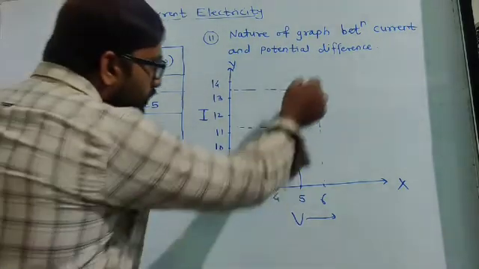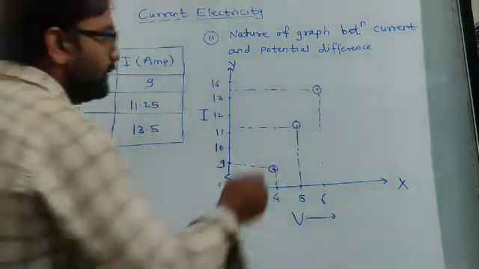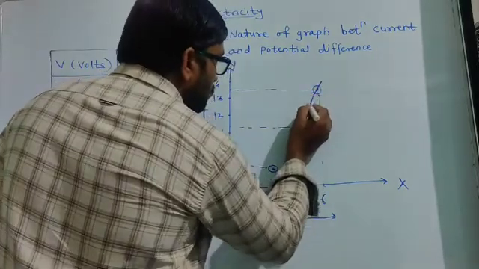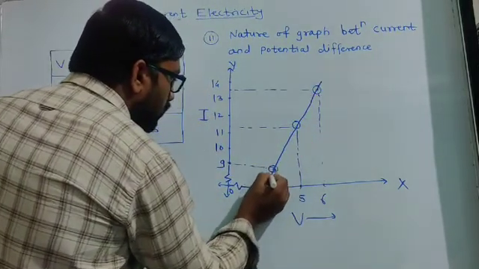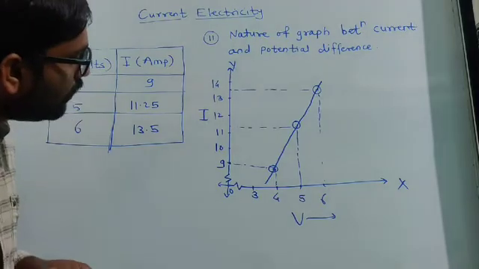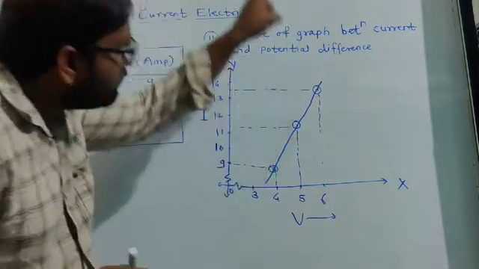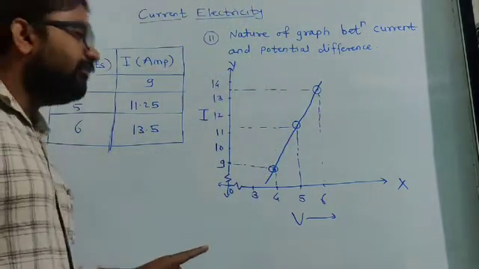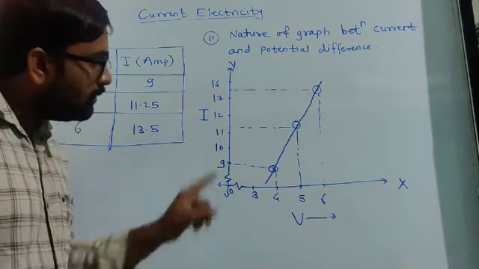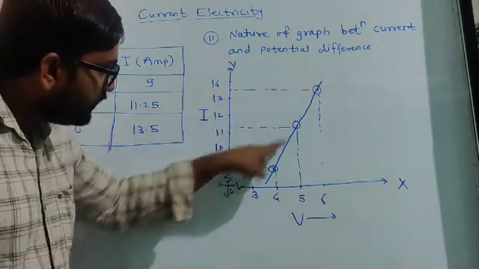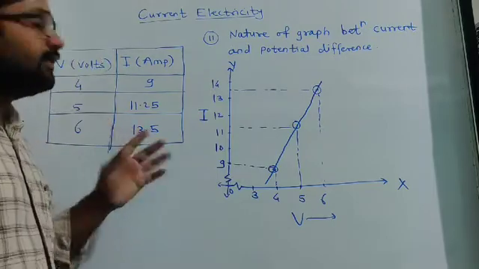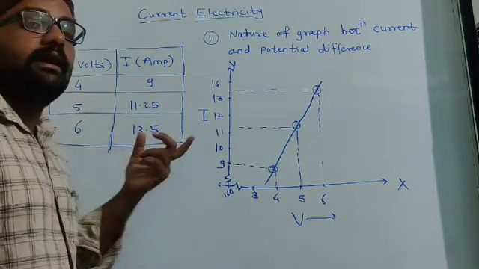If we join all 3 points, look, one straight line passes through all 3 points of this given data graph.